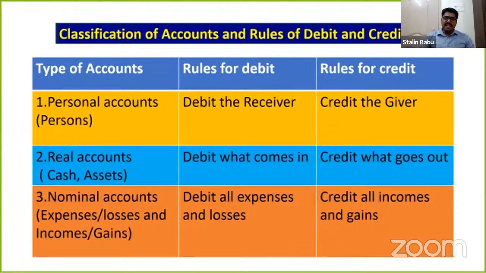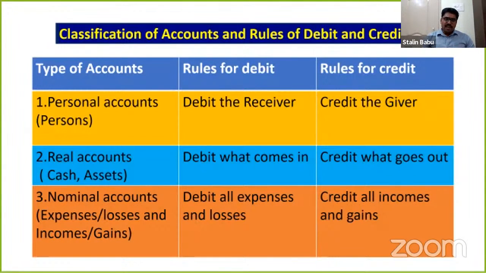Every business transaction has two aspects. What are they? One is the receiving aspect, another one is the giving aspect. The receiving aspect is called debit and the giving aspect is called credit. So for this debit and credit, we have to know the rules for three accounts: personal account, real account, and nominal account.